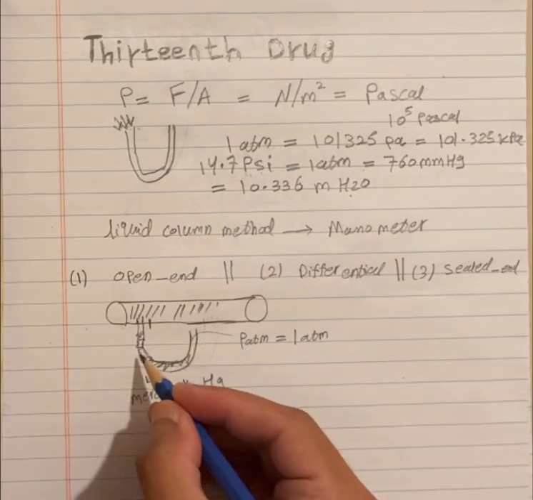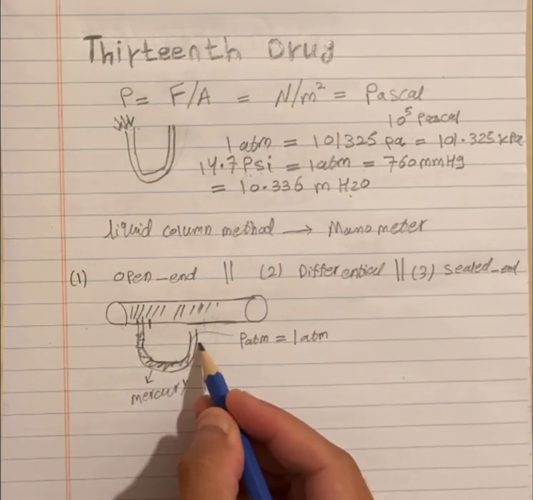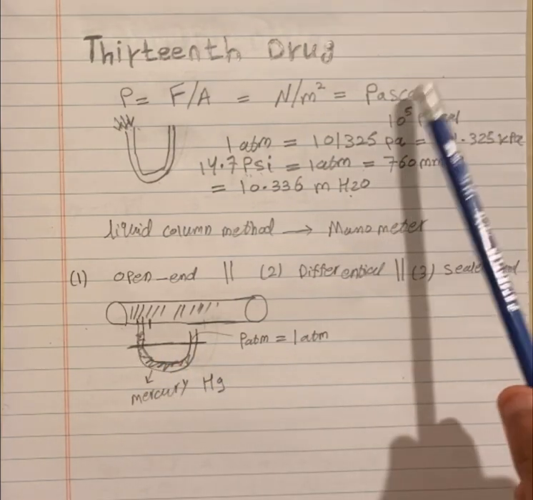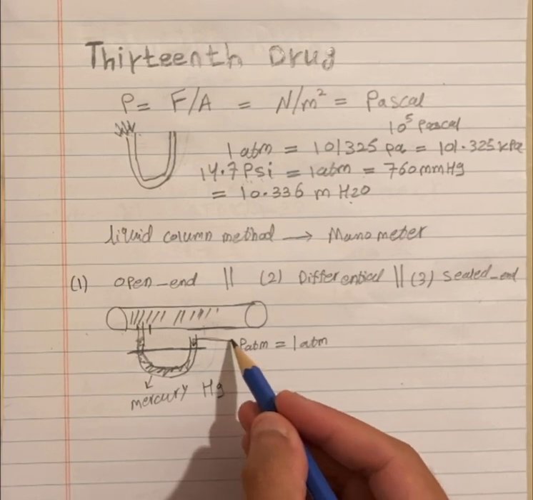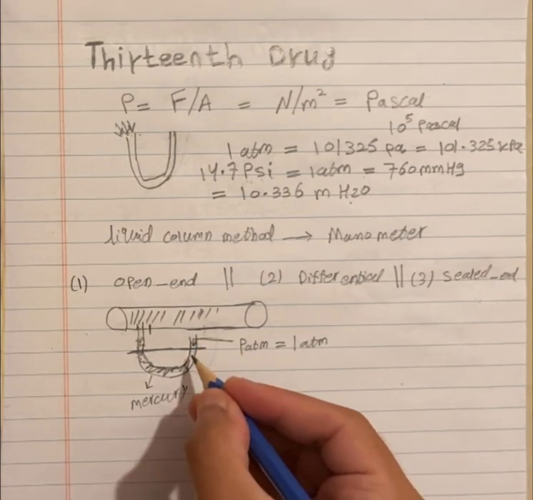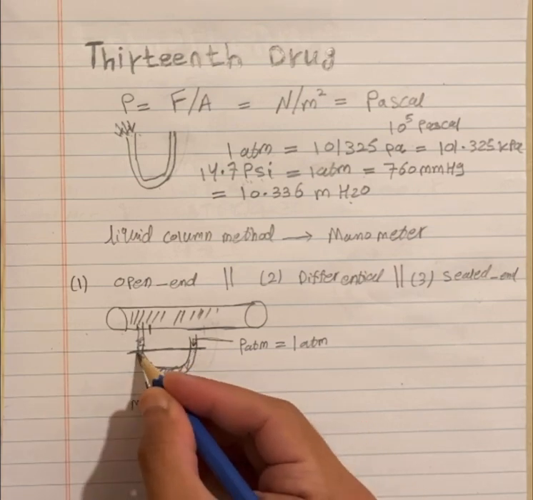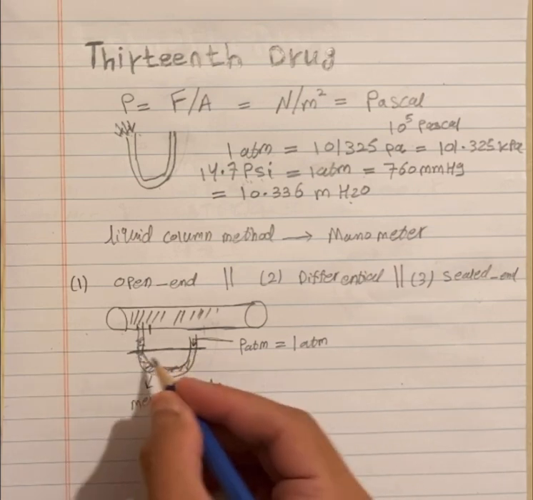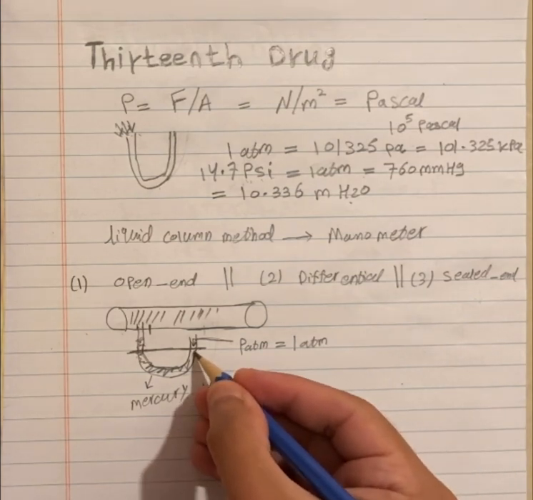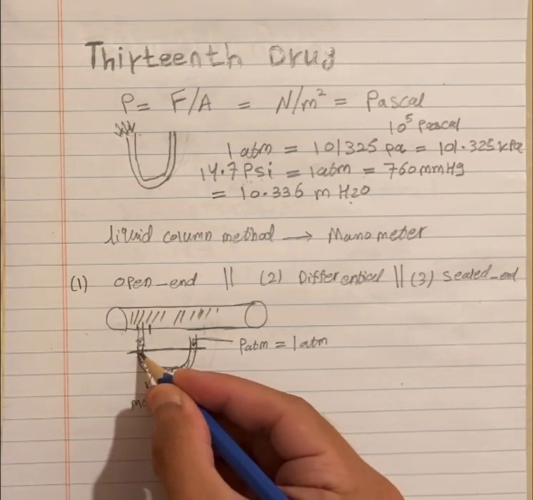If you notice here, we have an equal height from this point up to this point. And according to Pascal's principle, whenever we apply a force or a pressure, they are related. In a confined space, like from this point here up to here, these 2 points that have the same height, the pressure from this point will be transferred equally to this point.